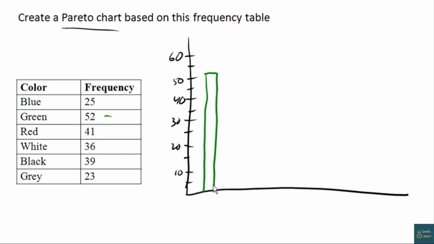So that's our green cars. And then our next highest frequency appears to be the red cars with a frequency of 41. And so we could draw in our red car bar. And then the next one is our black cars with a frequency of 39.